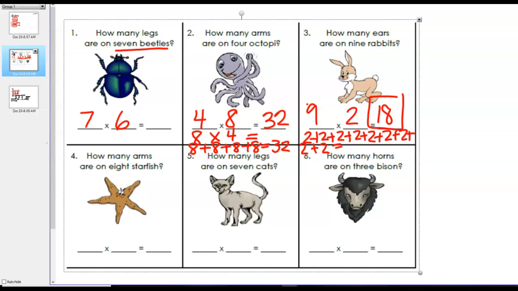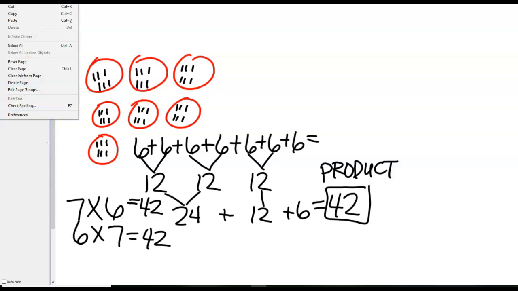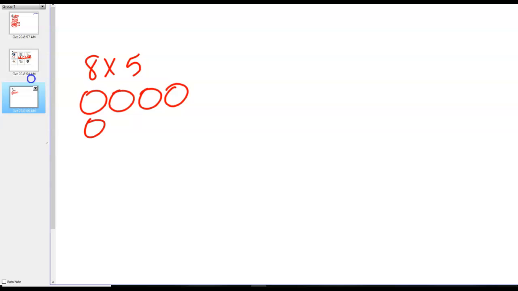Okay, let's show our groups. Let me clear this. Clear ink from page. So we had 8 starfish, right? And 5 arms on each. So that's 8 groups of 5. 1, 2, 3, 4, 5, 6, 7, 8.